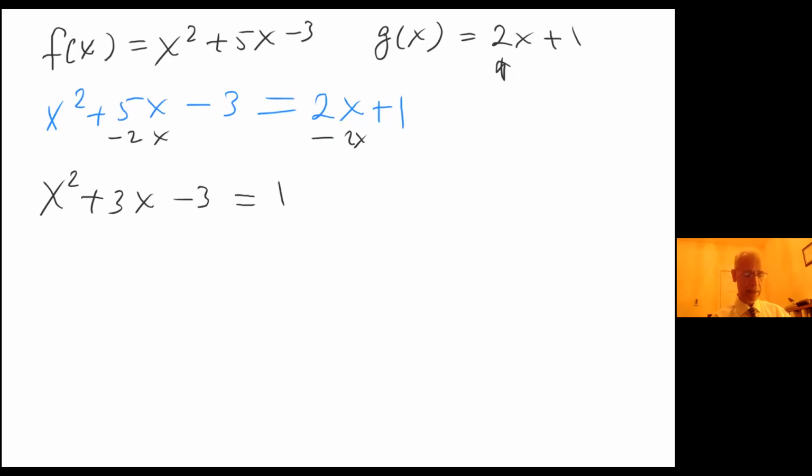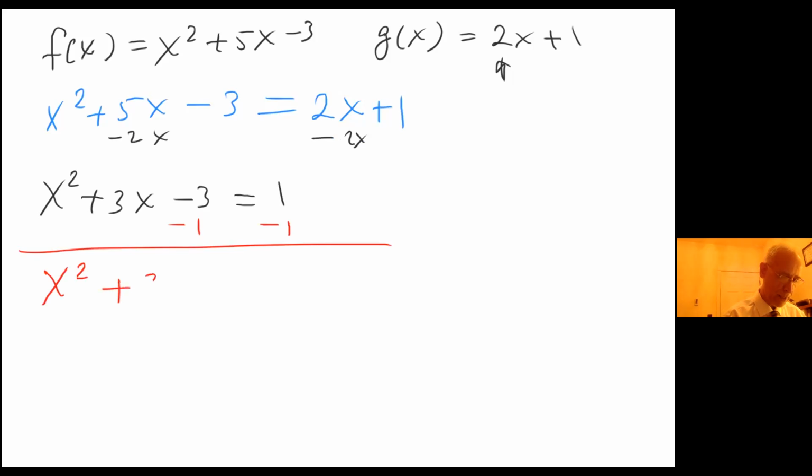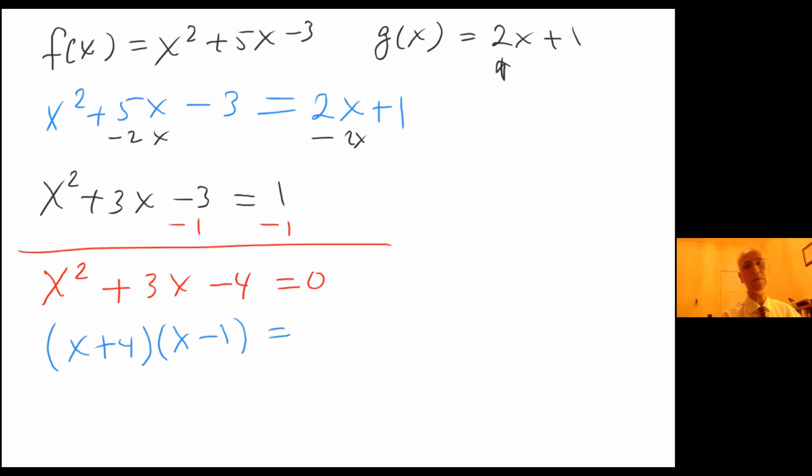And I'm going to go ahead and subtract 1 from both sides now, minus 1. And now I have x to the second plus 3x minus 4 equals 0. I have a trinomial. I'm going to go ahead and factor this: (x plus 4)(x minus 1) equals 0. Using the zero product property, I can claim that x plus 4 equals 0 and x minus 1 equals 0.